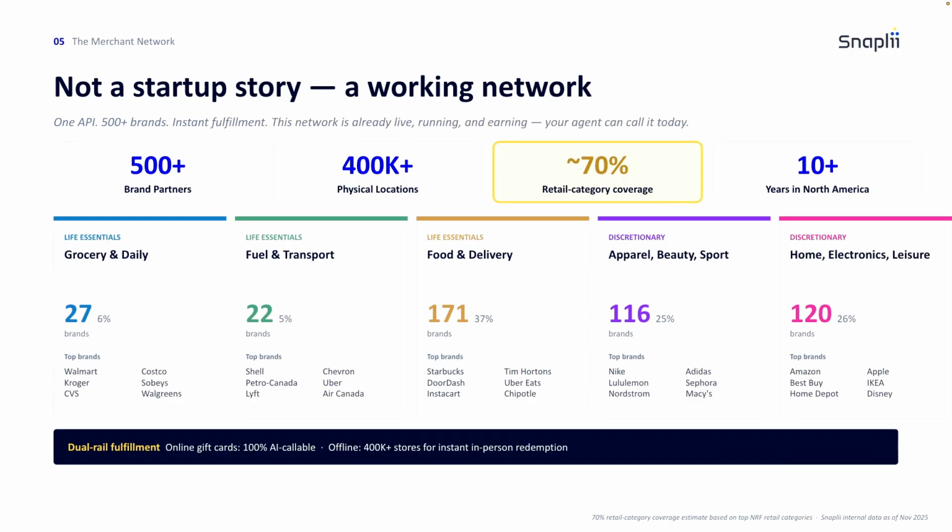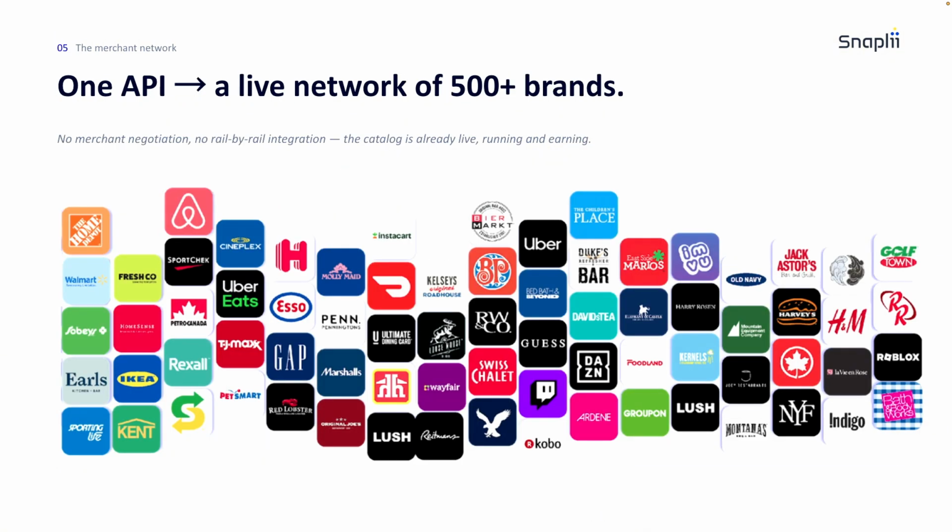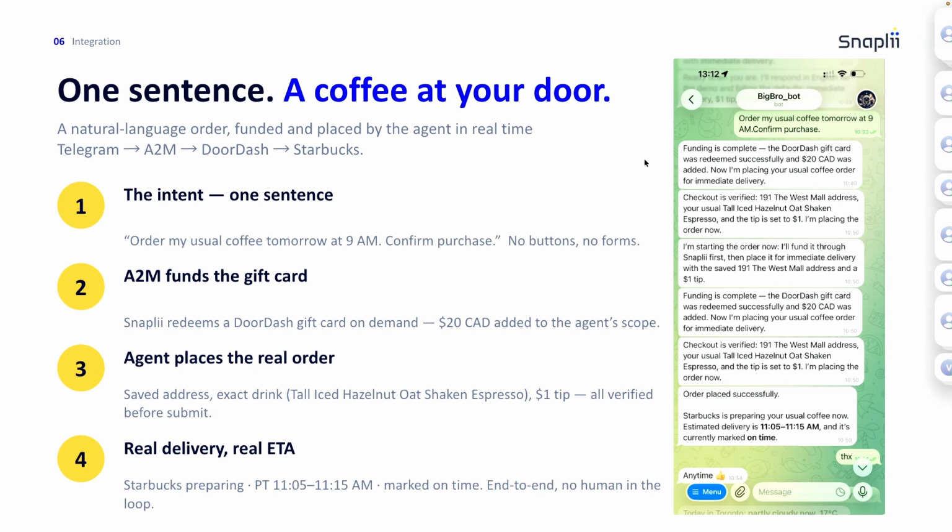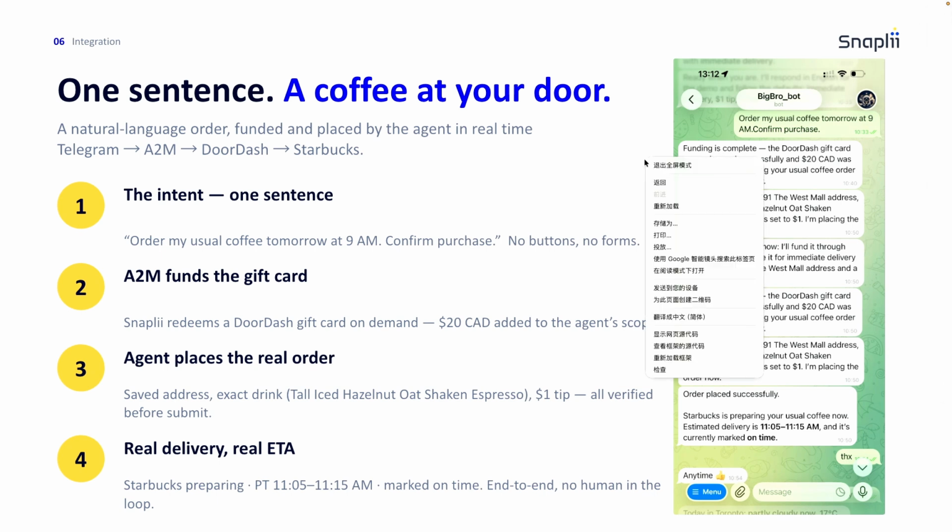In the last 5 years, we have been talking to more than 400,000 merchants, and that is our payment network. It's not a startup story. We have been doing this for a while. Some of the brands we have are Uber, Home Depot, and Walmart. If you are building an agent that needs consumer shopping, you can come to us.